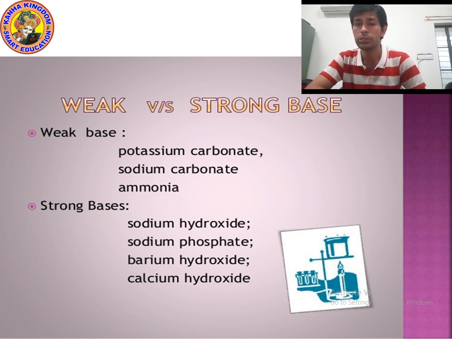If I talk about strong bases: sodium hydroxide, barium hydroxide, calcium hydroxide, all these are strong bases. I hope you understood which are weak bases and which are strong bases.